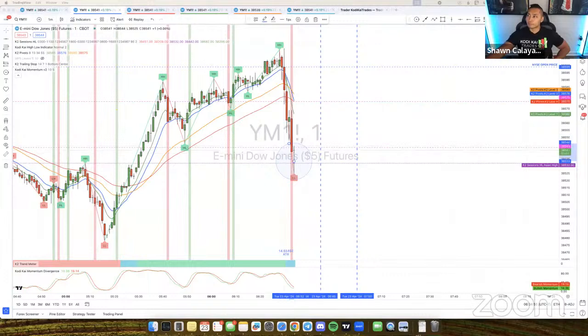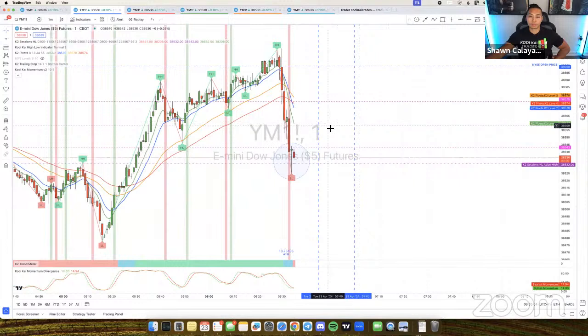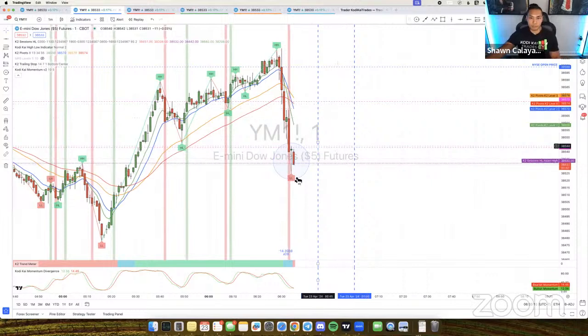Again, we're just waiting. So we got the trend over here shifting. The trend starts to shift and we'll start looking for some sells, but at this very moment, it hasn't confirmed yet. You can see price is having trouble getting past the sessions down here. So we'll see how price reacts to the sessions.